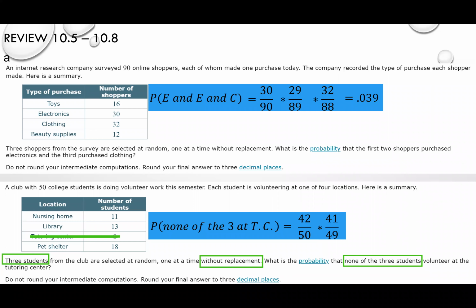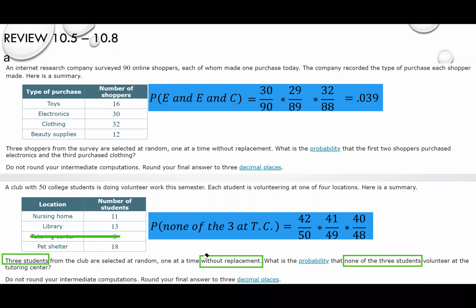And if I go in one more time, I have 40 out of 48, because again, all 3 of them are not from the tutor center. Basically, I subtract the tutor center out. I have the leftover, which is 42 over 50. That's the first student who is not at the tutor center. 41 out of 49 is the second student, and 40 out of 48 is the third student who is not at the tutor center.